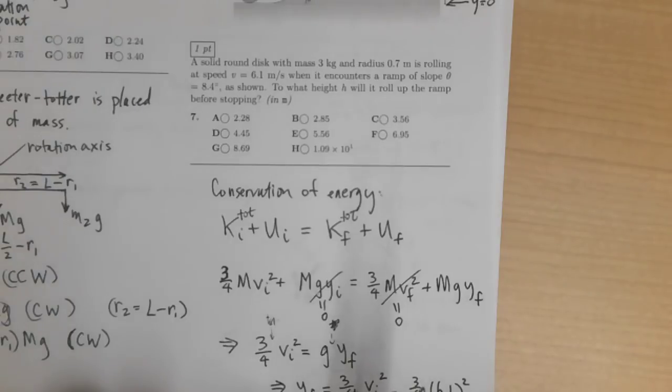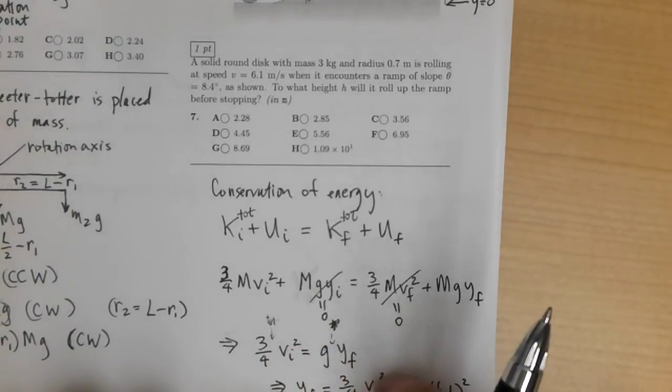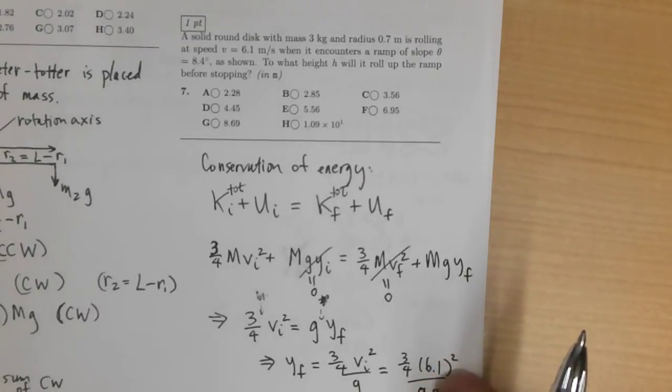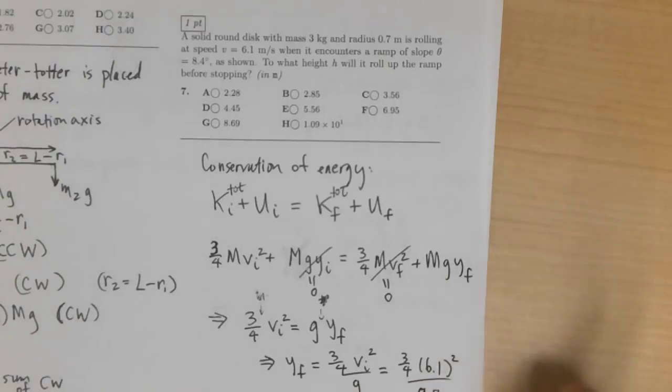Now I can solve for y final. It's 3/4 vi squared divided by g. Plugging in v initial, 6.1, I get 3/4 times 6.1 squared divided by 9.8, which gives 2.85 meters.